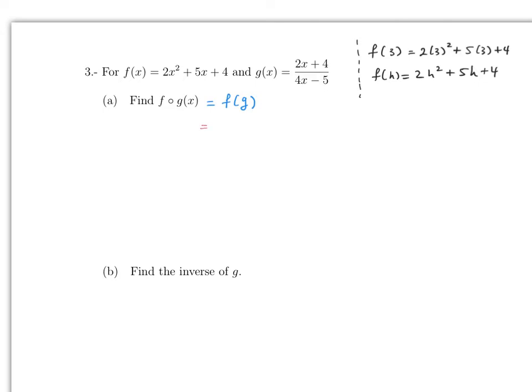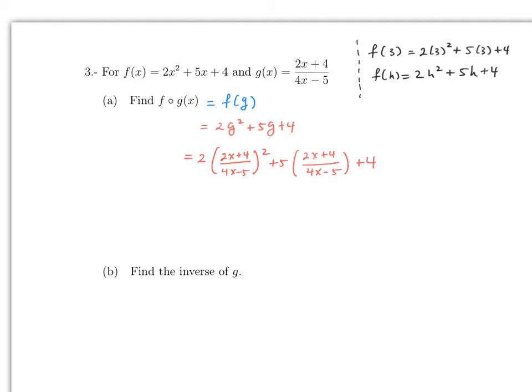So therefore, this will be equal to 2g squared plus 5g plus 4, if we follow this part right here. Now here we don't know what h is, but here we do know what g is. G is equal to this. So therefore it will be 2 times (2x plus 4 over 4x minus 5) squared plus 5g, which is 2x plus 4 over 4x minus 5, and then plus 4.